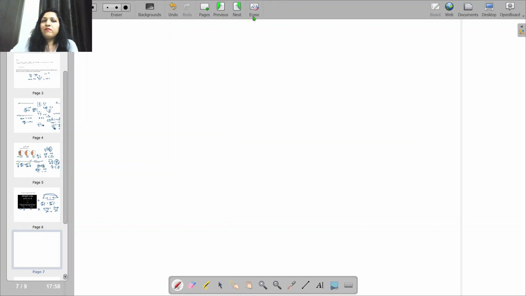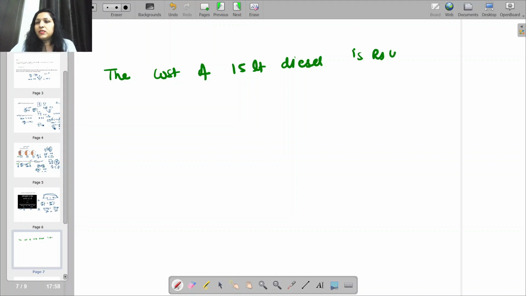Now I am writing one more question here, and I expect you all to do this question and put the answer in the comment option. The question now is: the cost of 15-liter diesel is ₹450.